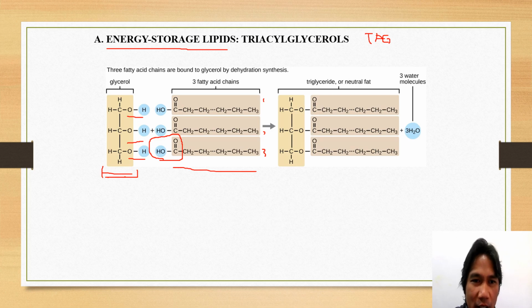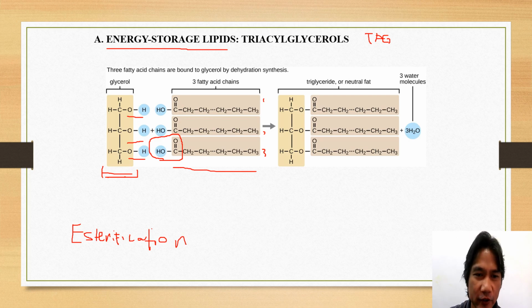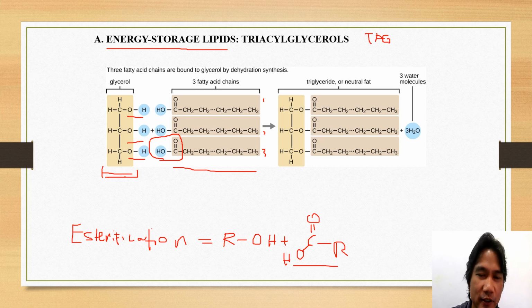So the reaction between glycerol and fatty acid is called esterification. Remember, in organic chemistry, as I said before, esterification is a process wherein you react an alcohol plus a carboxylic acid. So your alcohol is the glycerol, and the carboxylic acid is your fatty acid.